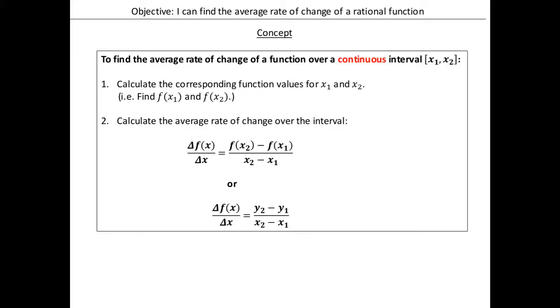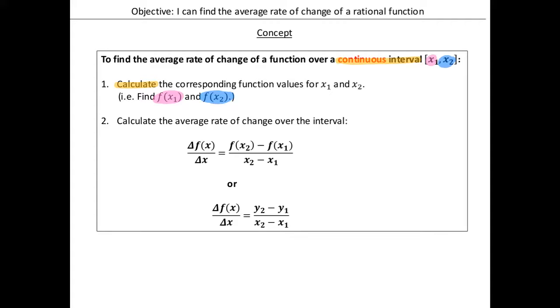All right, then we have our steps just like we saw last time. In order to find the average rate of change over your continuous interval, if you remember the interval, the first term is your x1 and the second term is your x2. We are going to calculate the corresponding function values for x1 and x2, meaning you're going to be calculating f of x1 and f of x2.